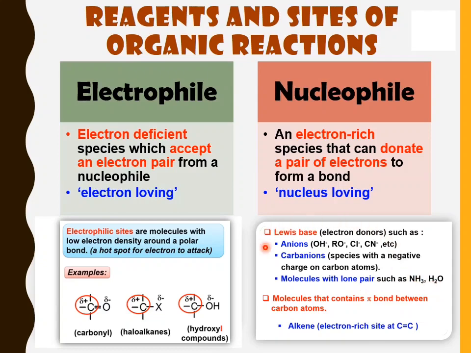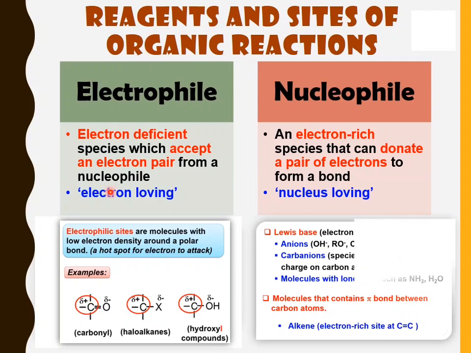So all these species we classify as nucleophile. And then molecule that contains pi bond. For example, we have carbon-carbon double bond here, or carbon-carbon triple bond. So all these species are nucleophile.